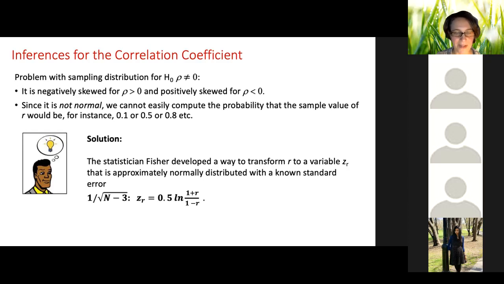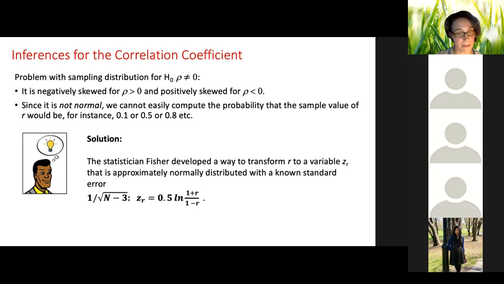So that means we know everything that we need to know. We can transform our r into a new statistic that we know is approximately normally distributed, and we know the standard error for this new variable.